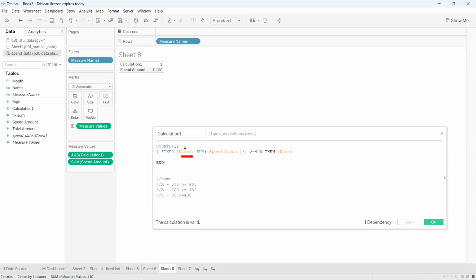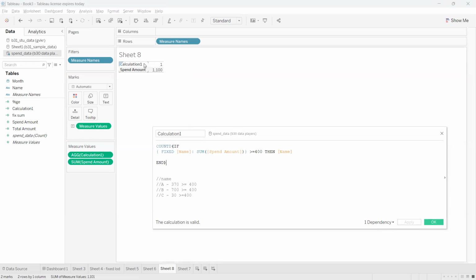We are not using the name field anywhere in the sheet, not in the row shelf, column shelf, or anywhere. We are directly using the name field in the fixed LOD itself, aggregating for each and every person, and evaluating the COUNTD here. In that way, we can achieve the requirement with the help of the fixed LOD.